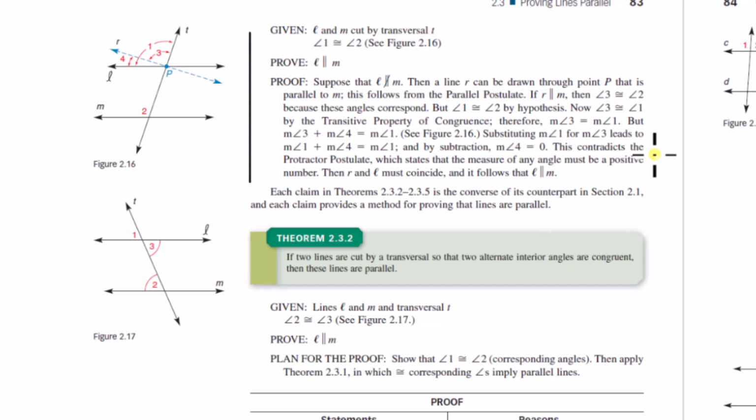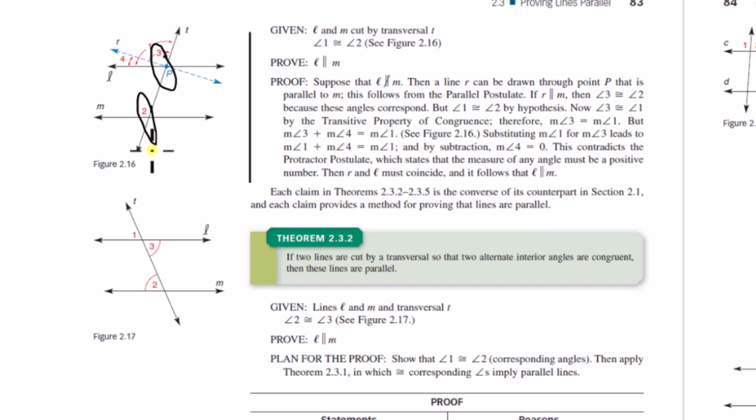The reason we would have had to keep going is this: if we show two corresponding angles are congruent, then automatically, based on the vertical angles, there's congruence there.